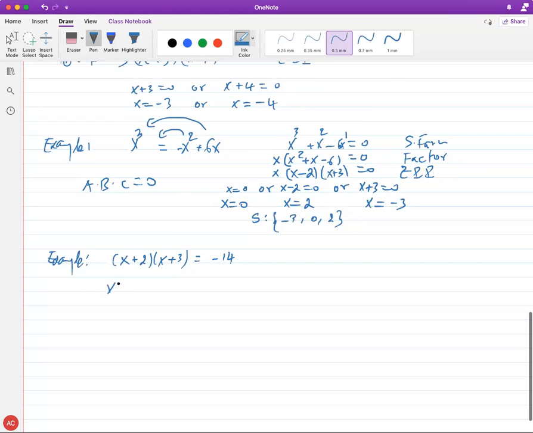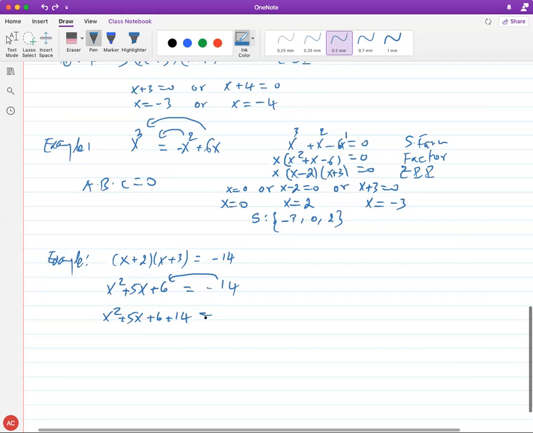If you distribute, I get x to the second plus 5x plus 6. So we need 2 numbers that multiply to 6 and add up to 5. Now we can move this over, so we can combine it with 6. Positive 6 plus 14 would be, let's see, I meant to put, okay, the numbers might not add up exactly as I expected.